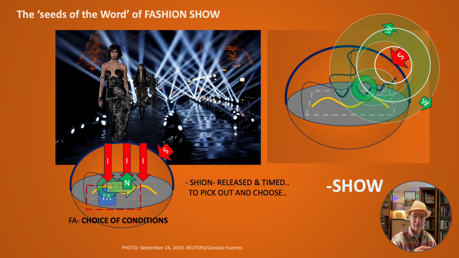So you have the choice of conditions, and it's released at the right time just to pick out and choose. The other aspect that surrounds it, the show, all these lights and so on, is what shines outwardly. It's the outward effect. It can give it an extra effect. It's in the same environment.